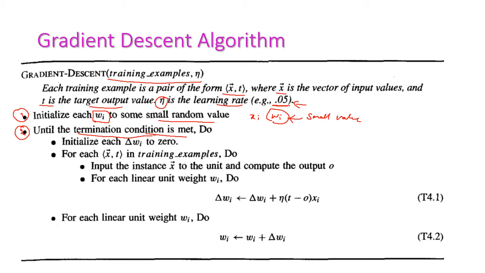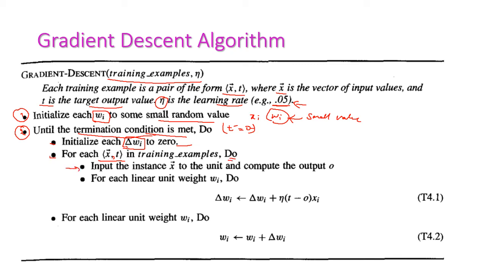When we meet the termination condition, that is t equal to O, where t is the target output and O is the computed output. So initialize delta Wi to 0. Initially we have to assign 0 to delta Wi, for each training example x vector comma t.